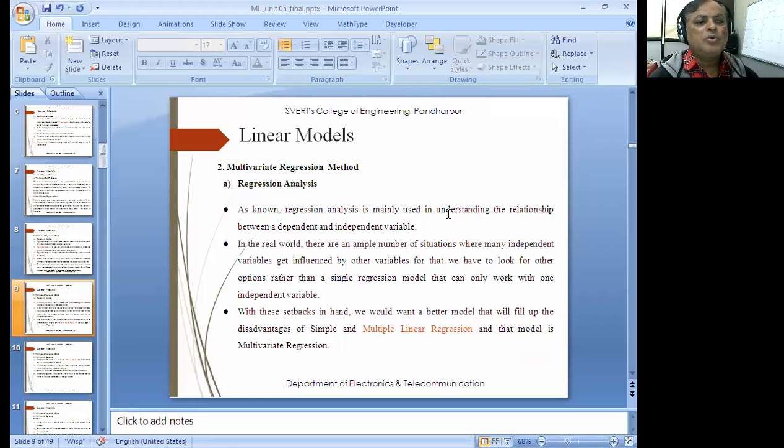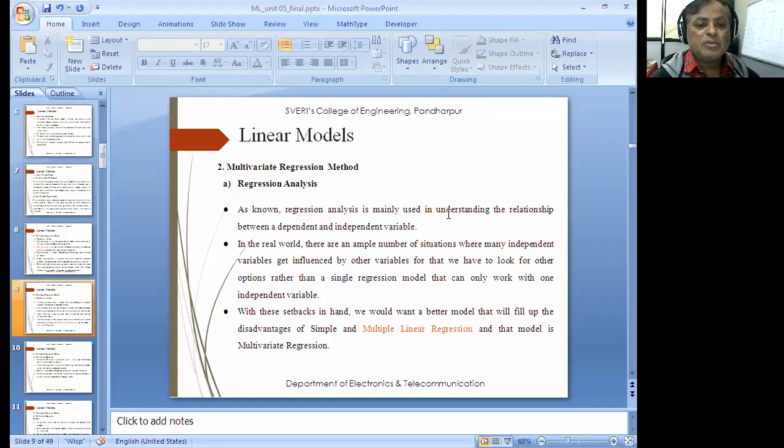As known, regression analysis is mainly used in understanding the relationship between dependent and independent variables. In the real world, there are ample number of situations where many independent variables get influenced by the other variables.